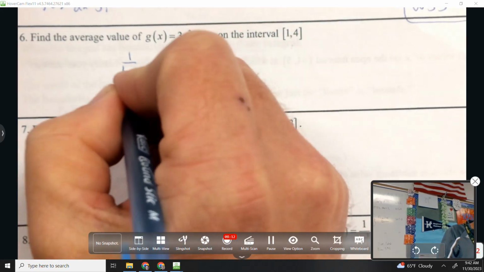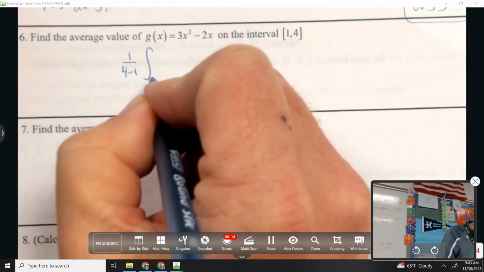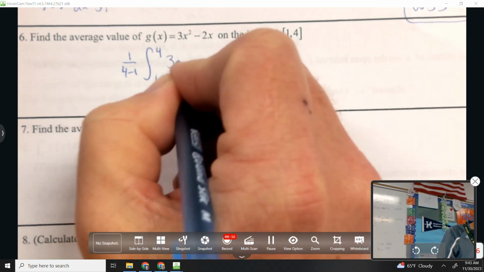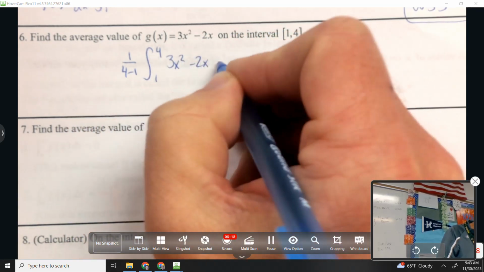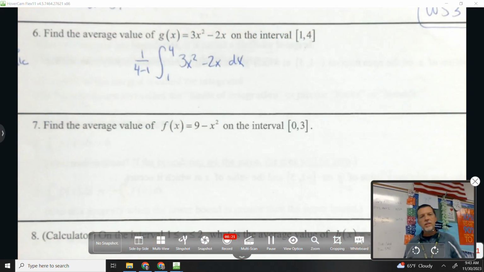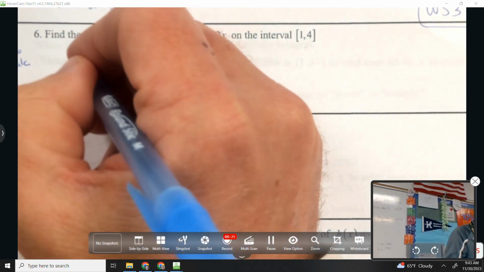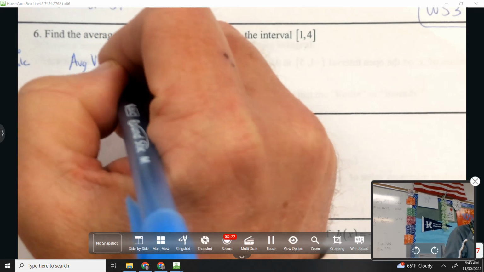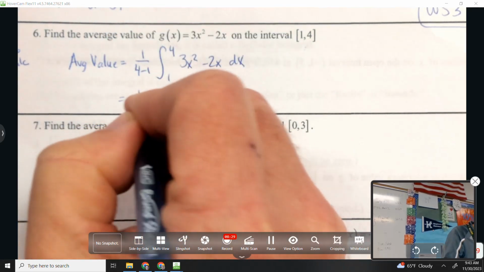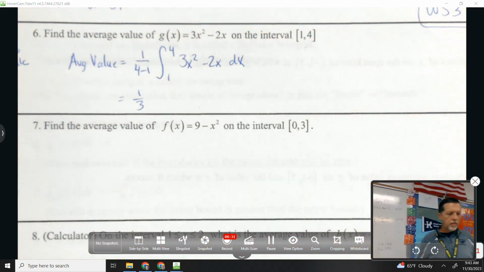So 1 over 4 minus 1, times the antiderivative from 1 to 4 of the function, and that will tell us the average height, the average value of that function. This one is by hand, so I've got to know my antiderivatives.